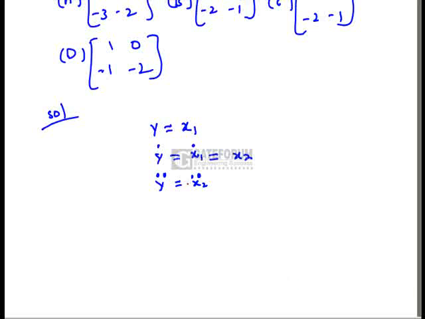Now I am substituting these into the given differential equation: y double dot plus 2y dot plus 3y equal to 0.